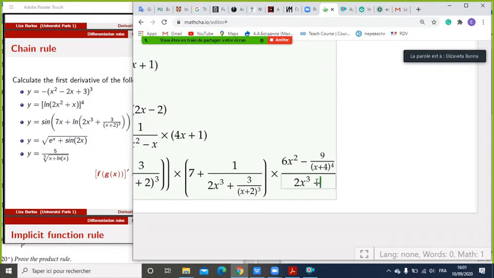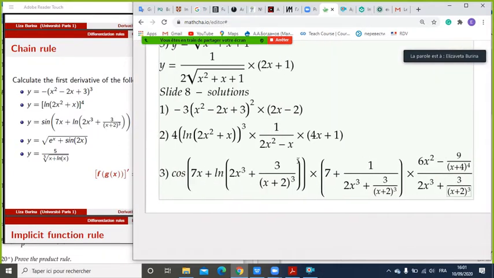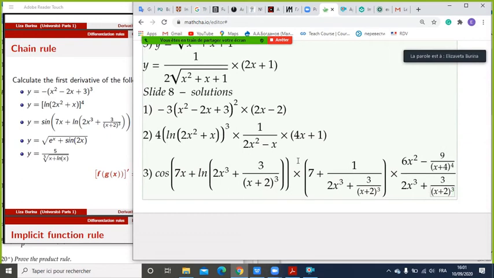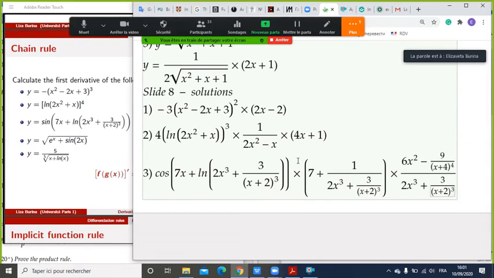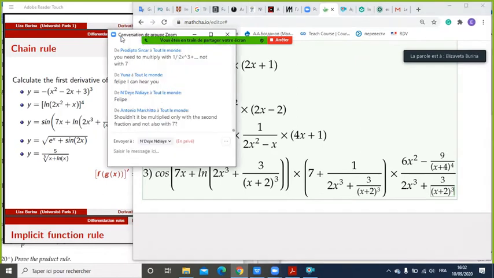Oh, that's another fraction, right? 3x plus 2 cube. Okay, so perfect. Now you see the whole thing. And there's for sure a problem.